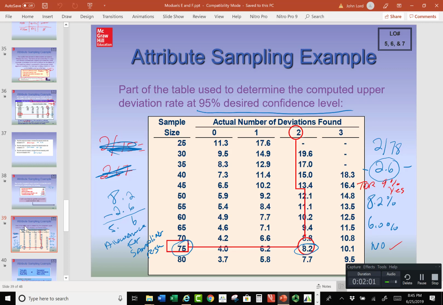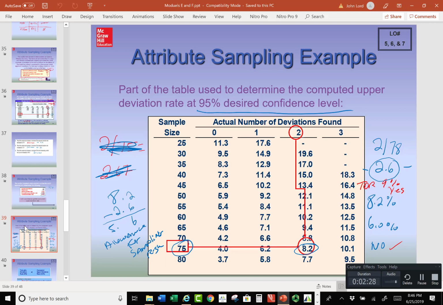Okay. So you come down, and we found 2 deviations. We find our sample size, which, thanks a lot, table, I wouldn't do this to you on the exam, because our sample size was 78, wasn't it? So this is kind of an idiotic example, because we should have been able to go to the table that had the same sample size. Okay, so we would have gone to the 78, or if we didn't have a 78, we'd go to 80.